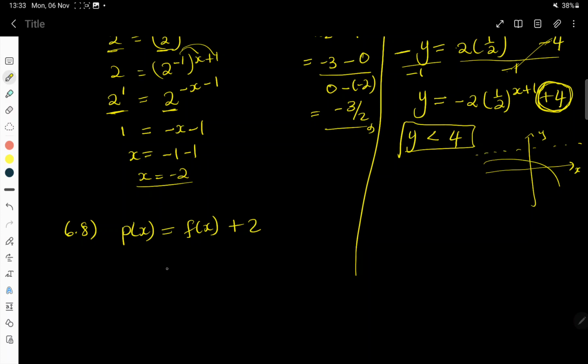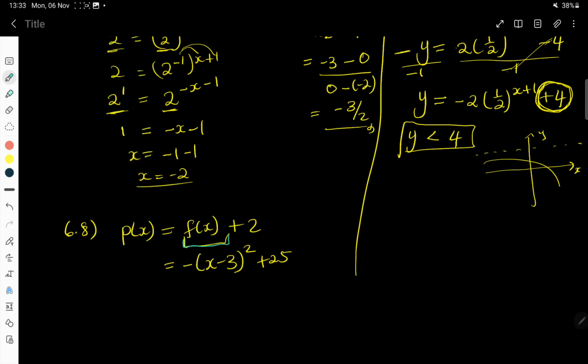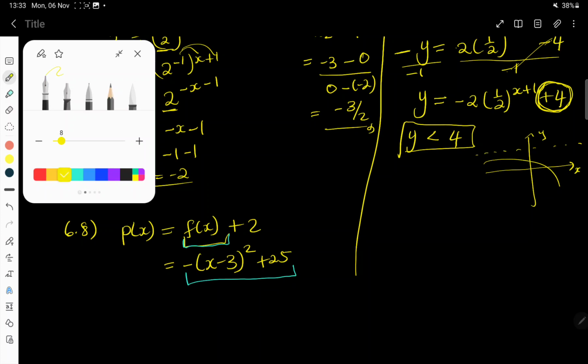So in replacement of f of x, you write the equation of f of x, which is negative x minus 3 squared plus 25. That is f of x. Then plus 2.